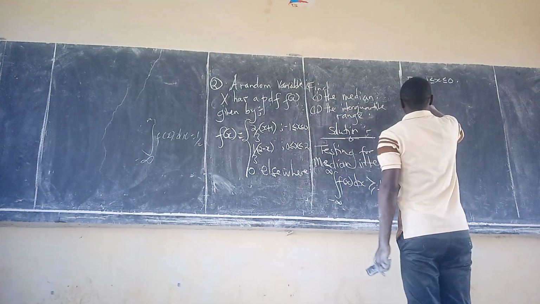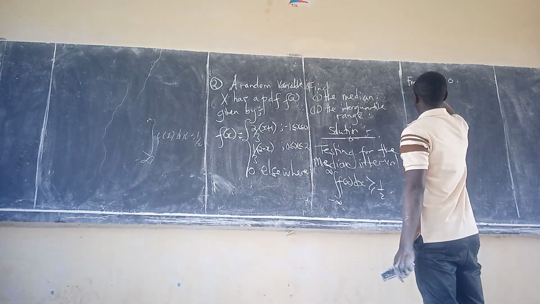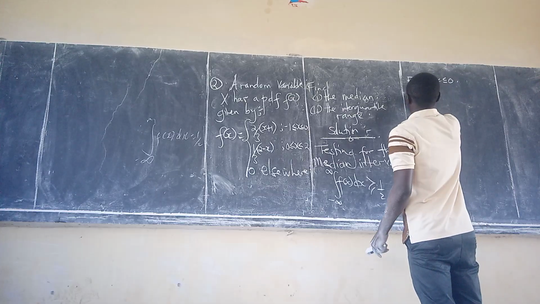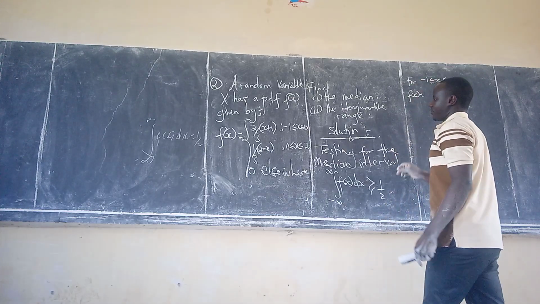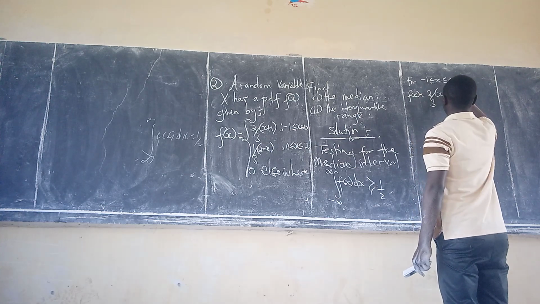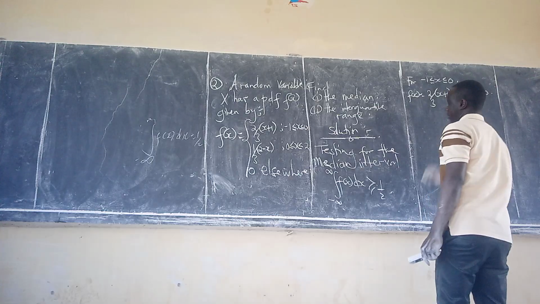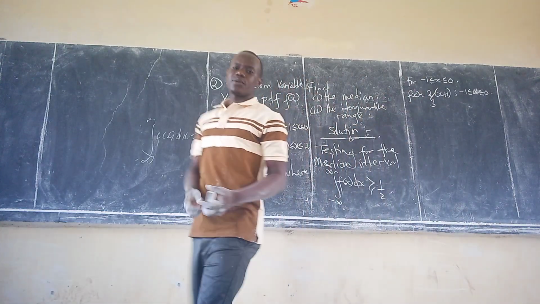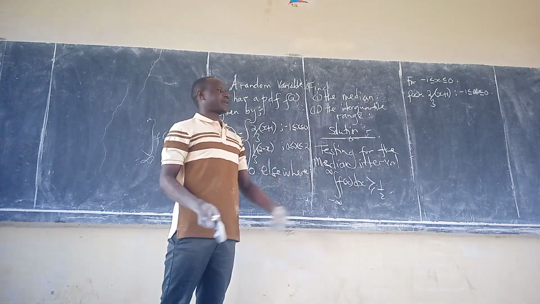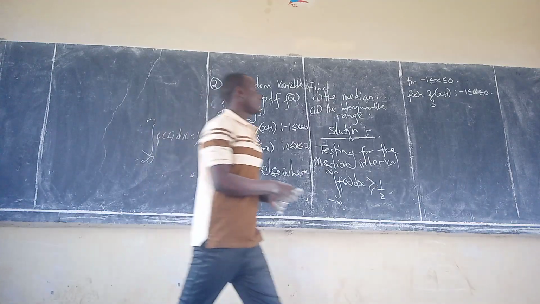Let me first identify f of x for that interval. It is 2/3 x plus 1. This is when x lies between -1 and 0. So we are going to integrate and find out whether this property is satisfied. And once it is satisfied, it means the median is there and we shall calculate it.